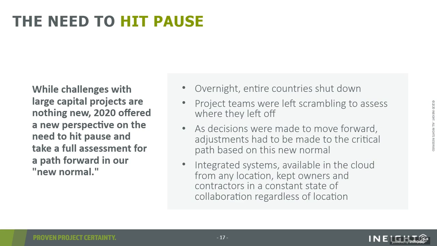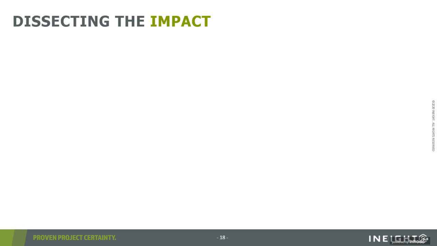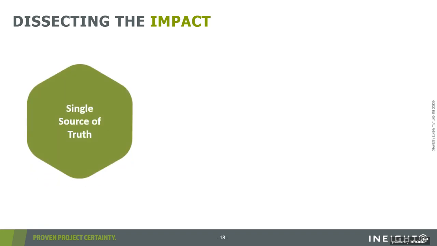And so integrated project systems that are implemented across your entire capital portfolio gave you a whole new understanding and idea of how you could collaborate, how you could take that single source of truth and dissect out the impact.